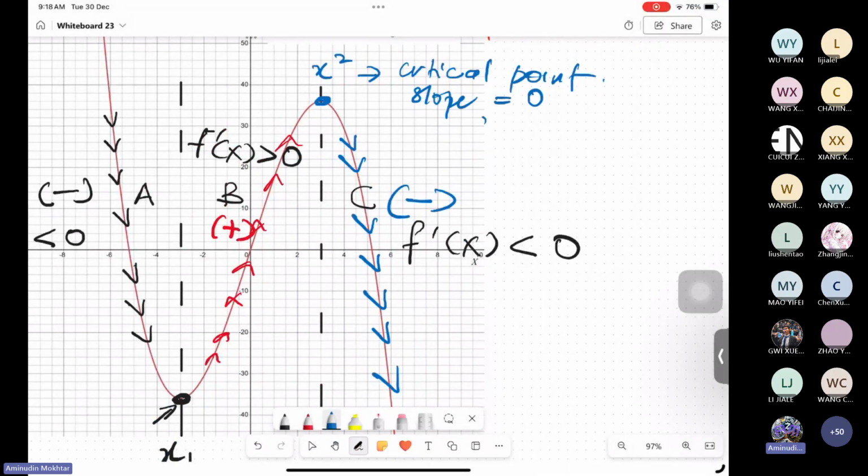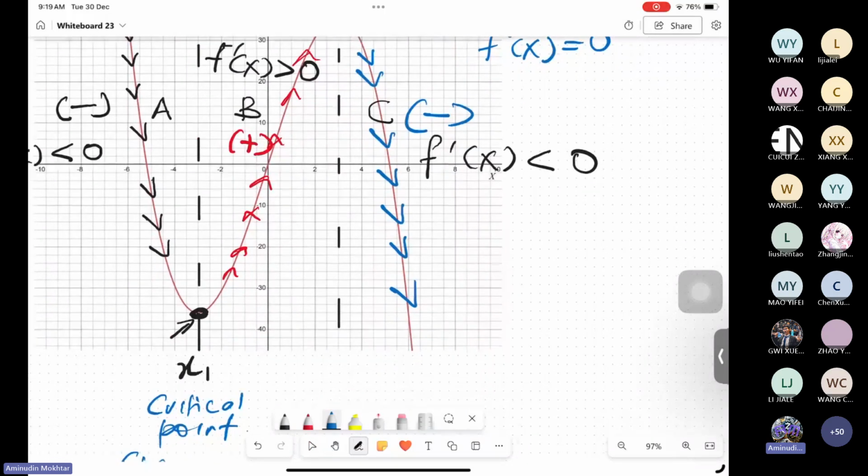In other words, the first derivative equals 0. So that is the critical point.